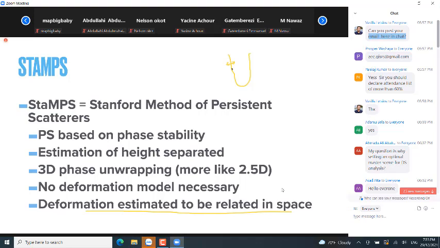What happens is that you underestimate the speed of the landslide, because you're assuming a slowly increasing gradient, but you have a jump, so you get a phase unwrapping error at that jump, and you're underestimating the motion here. It's a typical error for StaMPS.